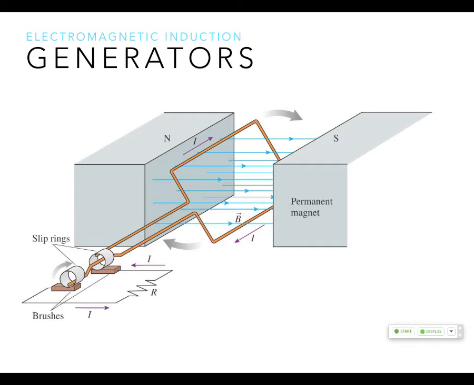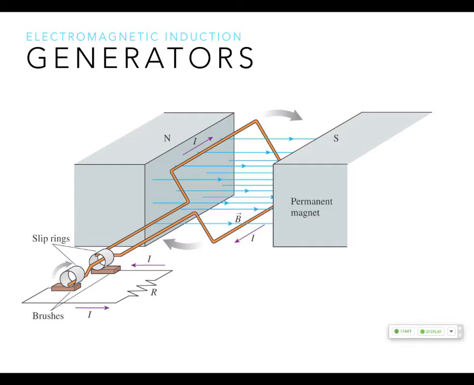So if you want to figure out what kind of current this can give you, if we want the voltage, we can have negative d flux dt. That's A B omega sine omega t.